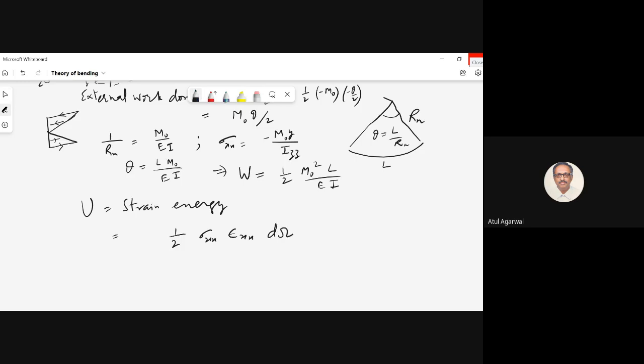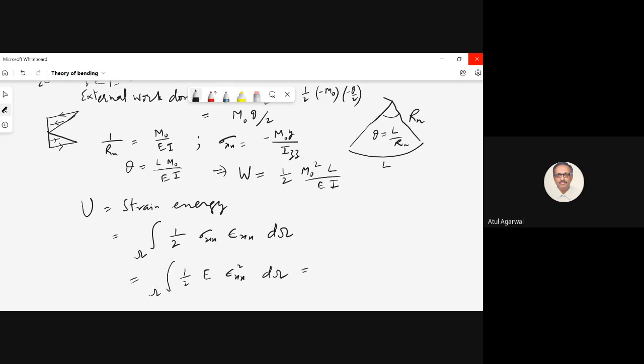The volume I represent by omega. So you integrate this over the volume. Now the stress we found was this, or rather what we do, we can write half E epsilon xx squared d omega.